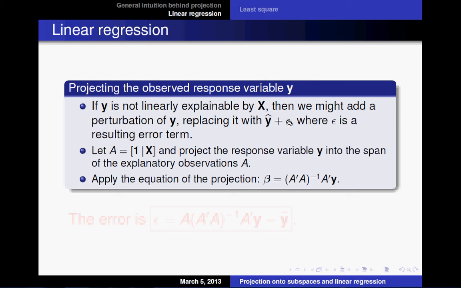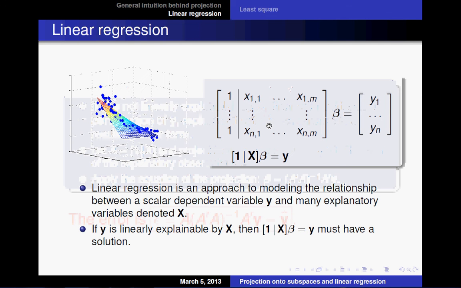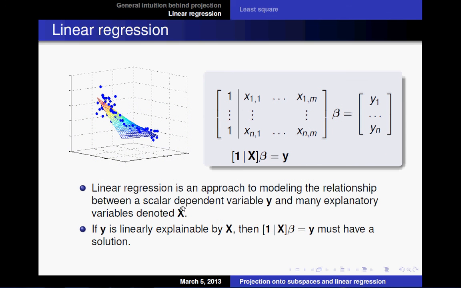The idea of projection, we know, allows us to find a linear combination of those explanatory variables x which is as close as possible to the right-hand term y.